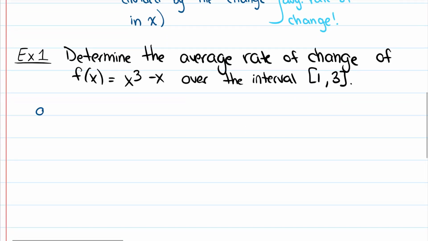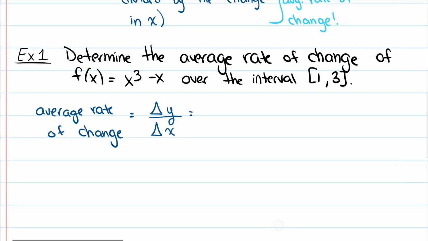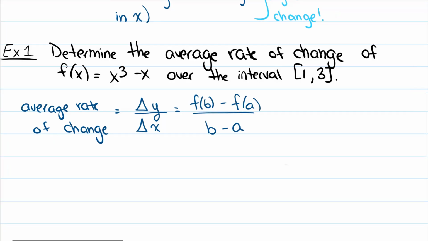So we have that the average rate of change is equal to the change in y divided by the change in x. More commonly, this is just known as slope, which is f of b minus f of a divided by b minus a.